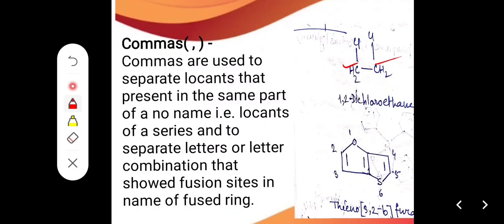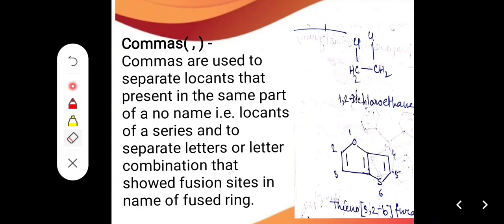And also in some fused ring or higher ring compounds, there is a combination of numerical and letter. In that case there can be 3, 2 and b. 3, 2 are numerical, there is no confusion. b is a letter. So this is a combination of numerical and letter, and in between them we can put commas.